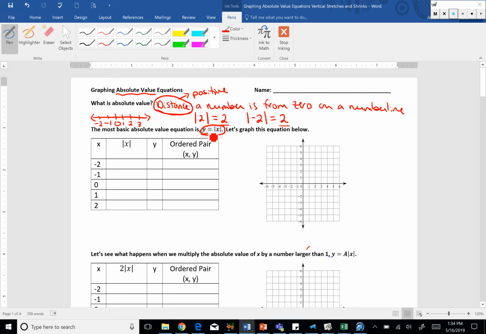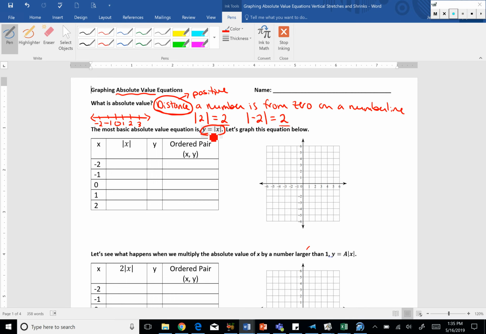I'm not adding anything, I'm not subtracting anything, I'm not multiplying, I'm not dividing. I just have my y, my equals, my absolute value, and an x. That's as simple as I can go. So I want to graph the simplest one first. And then we'll start transforming it. We'll start maybe moving it around or things like that. We'll see what happens.